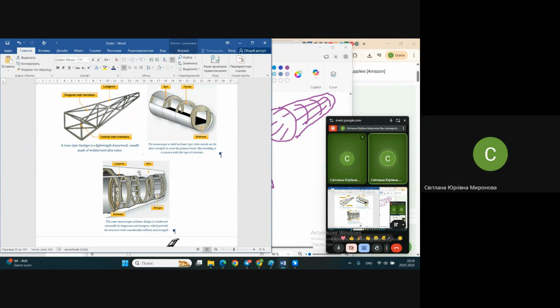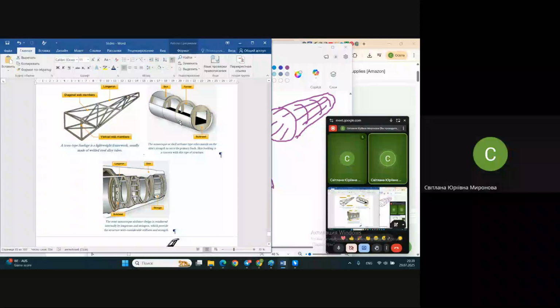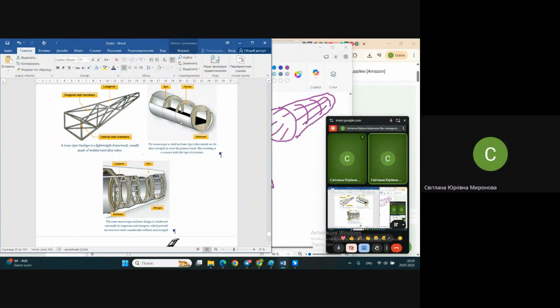And typically all those elements are recognizable. I hope you will be able to recognize them. Transversal elements are typically called frames. Longitudinal elements may be either stringers or longerons in the fuselage, and they are easily distinguishable by their sizes.